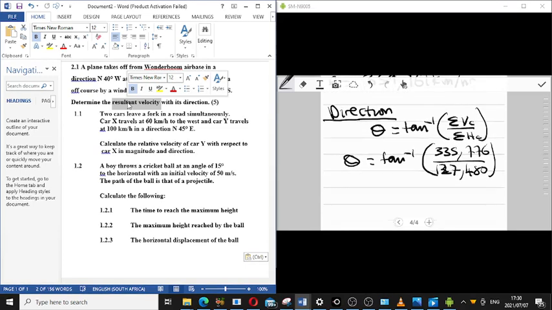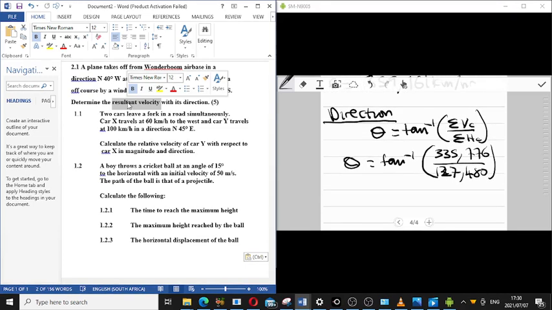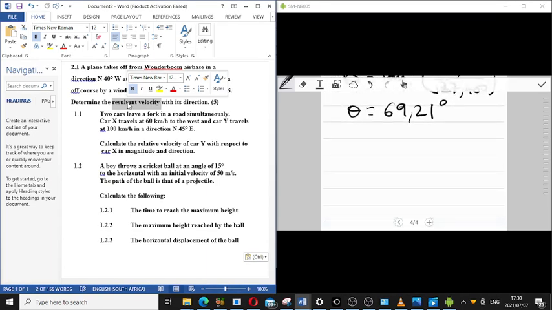You just have to ignore the negative in this case. So it will be tan inverse of, in brackets, 335.776 over 127.480. Then you get theta is equal to 69.21 degrees.